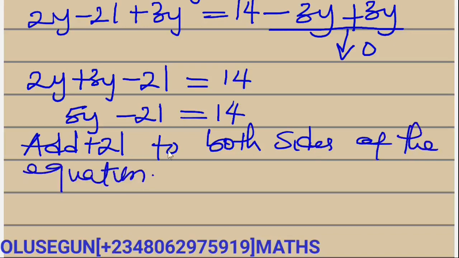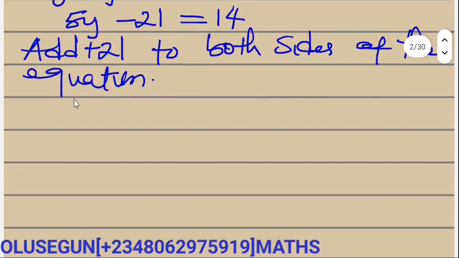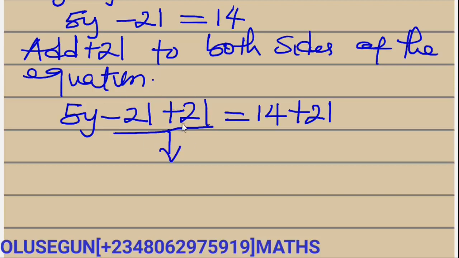The moment you add to both sides of the equation, you observe something similar to what I did the other time, to have 5y minus 21 plus 21 is equal to 14 plus 21. The same thing applies as what I did the other time: this will also turn to 0.